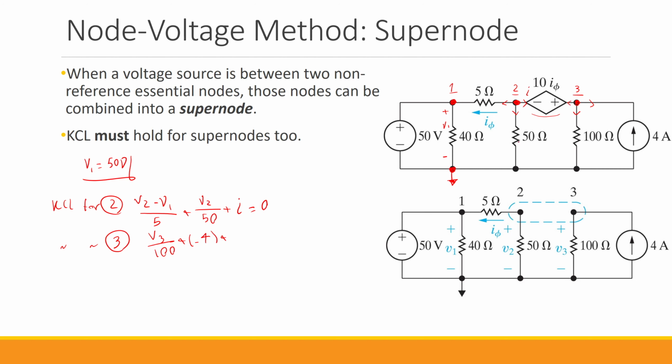What is this current again? We have the same issue as in the previous equation. We don't know that current. But since I already called it I, let's go with I. Since I is going from node 2 to node 3, if I want to write it here, I need to write it with a negative sign.